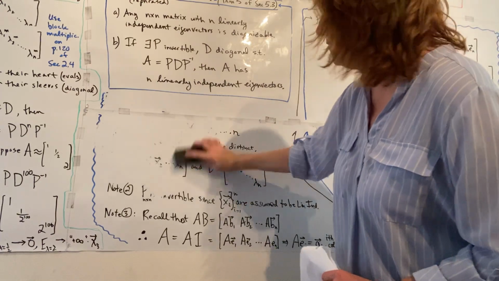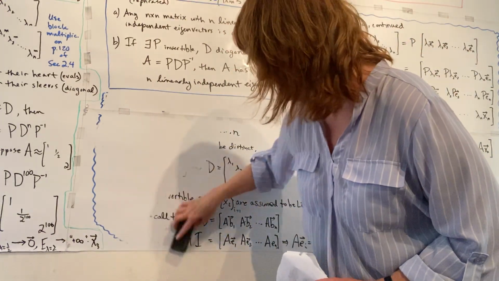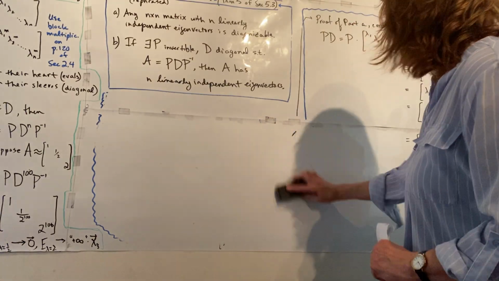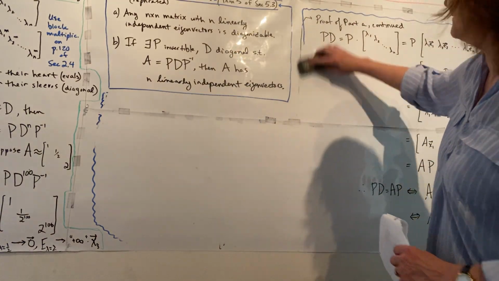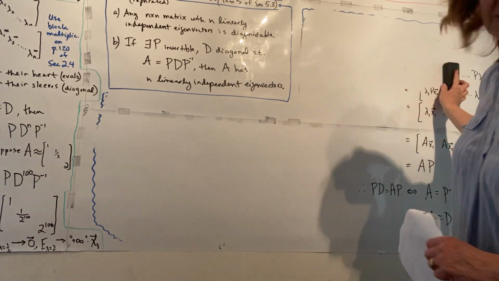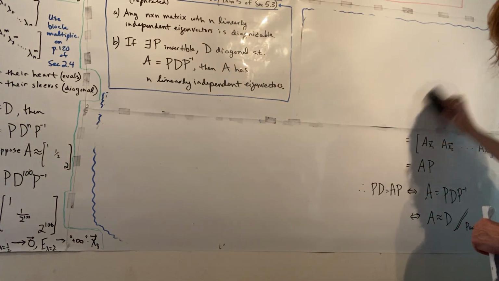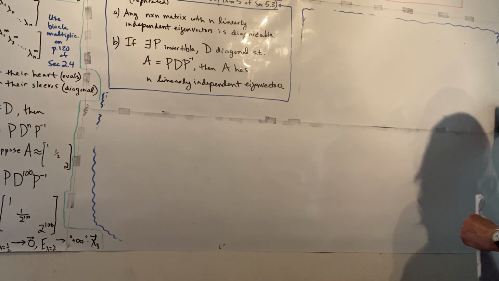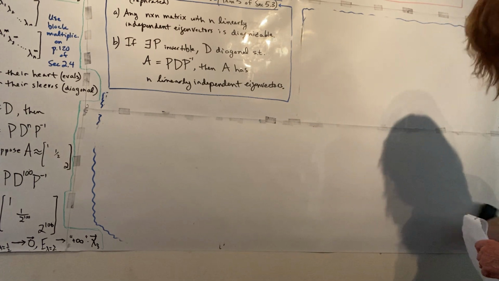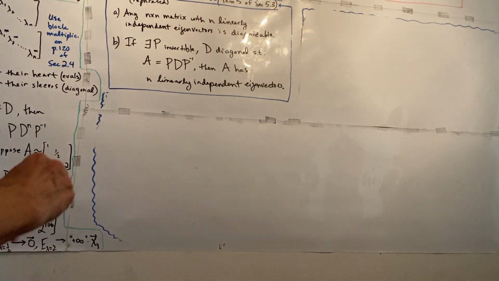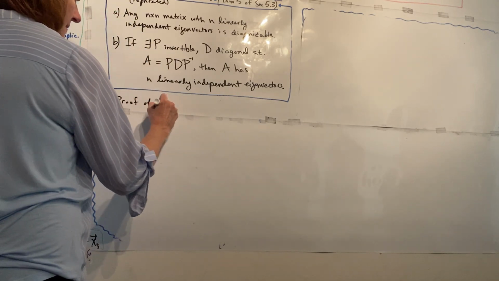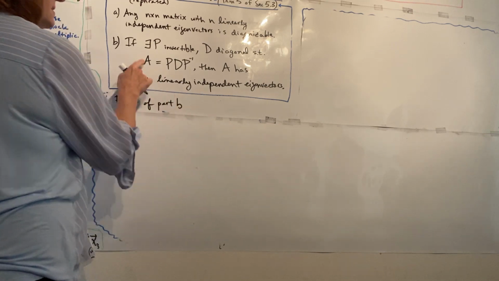Well, then you now know A has n linearly independent eigenvectors. That also comes in very handy for forming a basis out of eigenvectors, which it turns out is very desirable. All right. So putting those pieces in your mind, let's do part B. This one here.